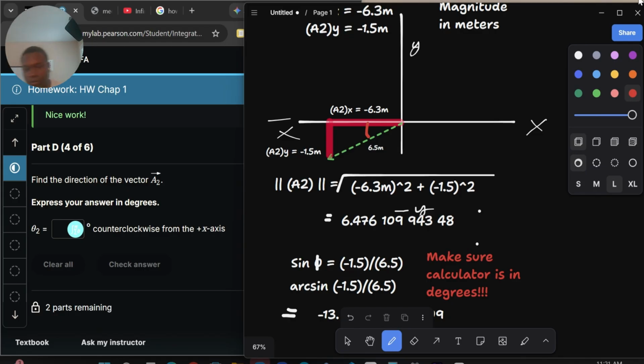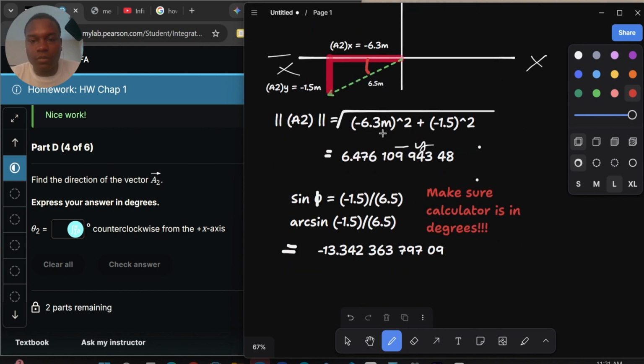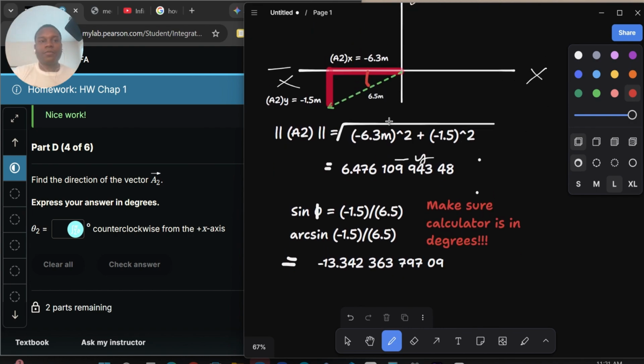Let's go. All right, so now we're going to write this number. So the angle is negative 13.34, but because it's measured from the positive x-axis, the angle is going to be positive. This is where the action goes.